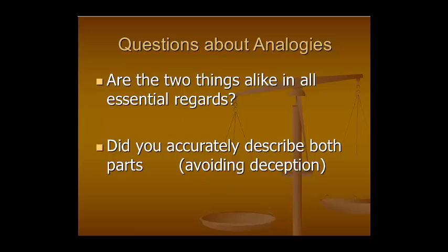The second question would be, did you accurately describe both parts, New York and Tennessee, so that your audience can accept that they are similar enough to be compared? Well, in this case, I don't even need to get to this question, because I've already, with the first one, thrown out this analogy and said that's not a valid analogy to use. But let's say I did say that New York and Tennessee are very similar.